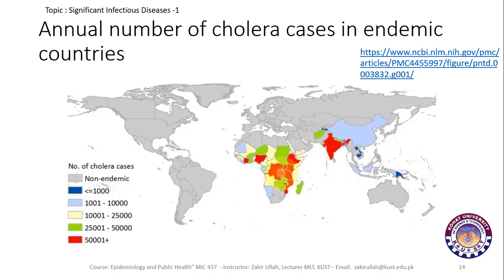And these reddish brownish areas are the most dangerous areas in which cholera is endemic, and the number of cases is higher than 50,000 cases per year. These figures and numbers are given by the World Health Organization, released in 2013.